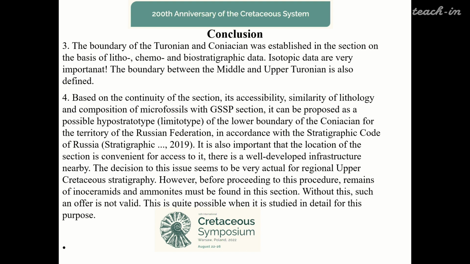It is also important that the location of the section is convenient for access, with well-developed infrastructure nearby. The decision of this issue seems to be very relevant for regional Upper Cretaceous stratigraphy in Russia.